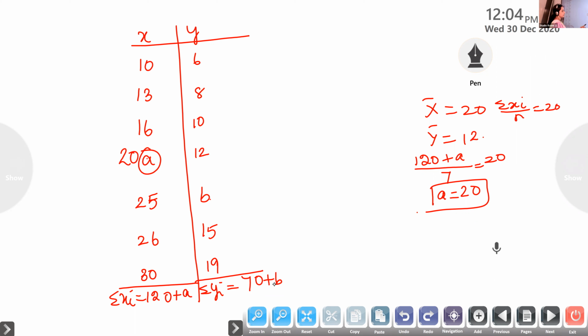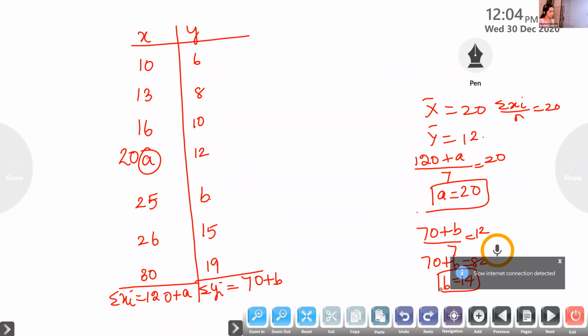So 70 plus B by 7 is 12. So 70 plus B is 84. So what is B? 14. B is 14.